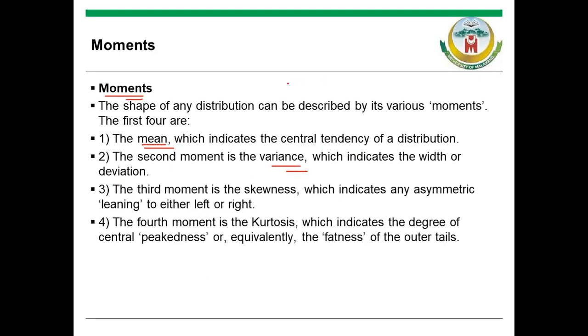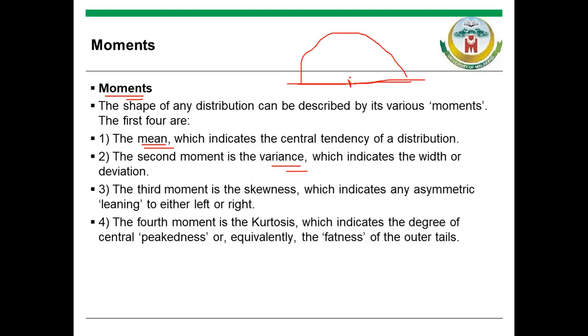Okay, so let's say we have points here, and let's say this is the mean and the values are spread around the mean. So let's say we have this structure. This is the mean, and this shows the spread. The variance shows the width or deviation.